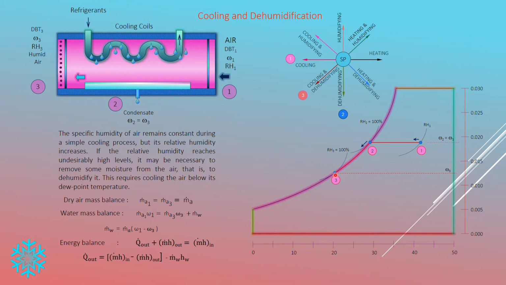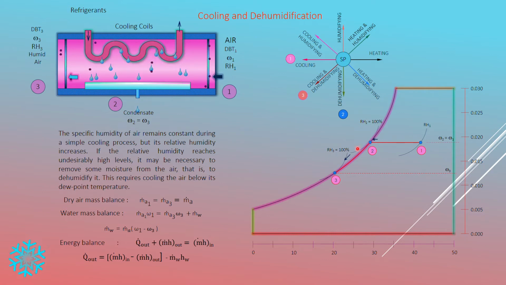So this process is actually extracting water particles, moisture, from the air. When the air is cooled, this cooling coil must be long enough for the air to be cooled down until it reaches its saturated condition, saturated air.